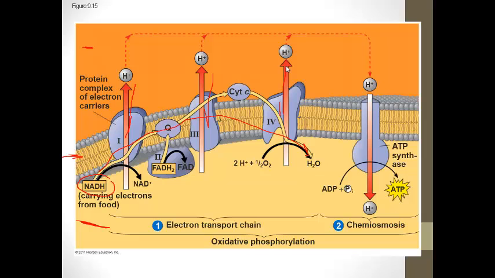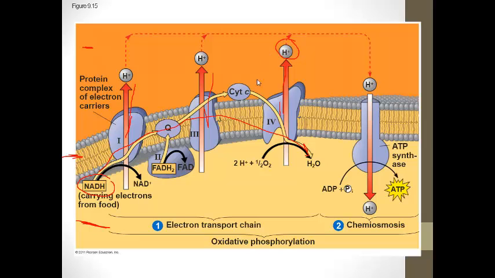This is a good example of active transport, and this creates a proton gradient, just like putting water behind a dam. This proton or hydrogen ion gradient that you see right here we refer to as a proton motive force. It's going to have the ability to perform some work, and we'll see that work in a minute.